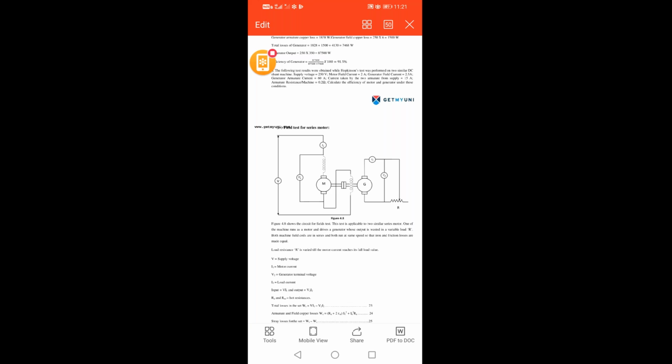సో ఇక్కడ మీరు అబ్జర్వ్ చేస్తే మోటార్ యొక్క ఫీల్డ్ వైండింగ్, జనరేటర్ యొక్క ఫీల్డ్ వైండింగ్ రెండు సిరీస్ లో కనెక్ట్ అయ్యాయి, right? In between is the armature winding.